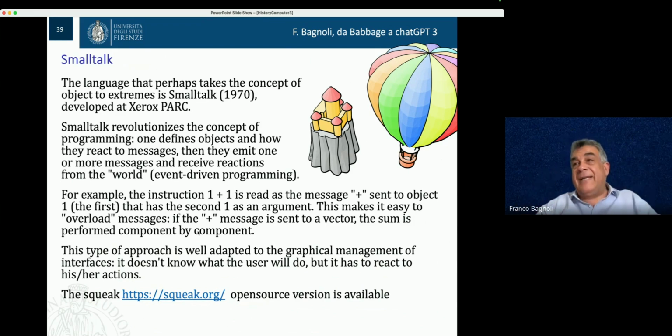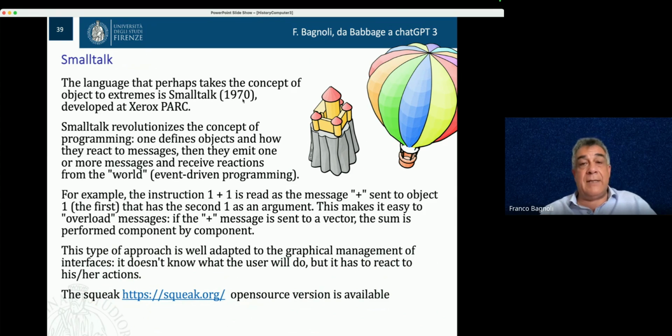But clearly it makes it easier to deal with classes, subclasses, inheritance, and all these kinds of things that probably you already know of object-oriented programming.